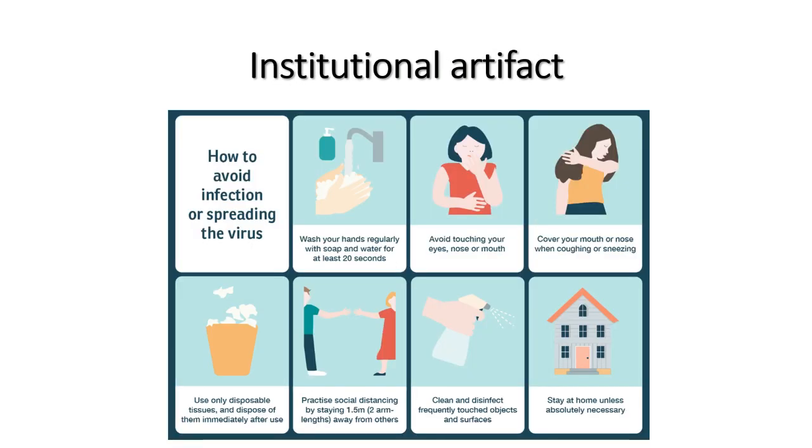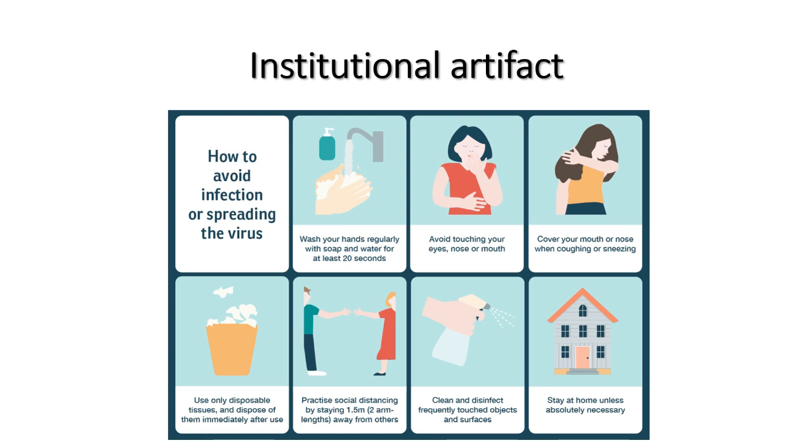So here we see an institutional artifact of recent days. It is meant to get an idea across, to give instruction. So this instruction card or infographic is meant to shape your thought processes, to think about what can I do to prevent COVID from spreading.